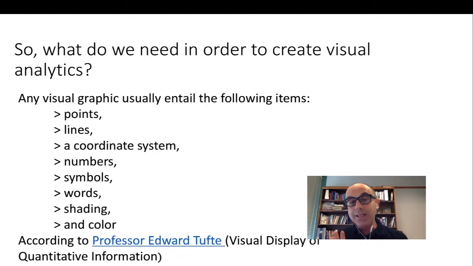I will try to break it down to the following items: points, lines, coordinate system, numbers, symbols, words, shading, and colors. And that's according to Professor Edward Tufte, and I will talk about him later on in this class, his contribution and what he brought into visual analytics with regard to its history.